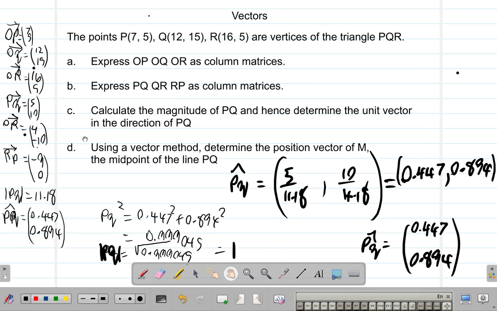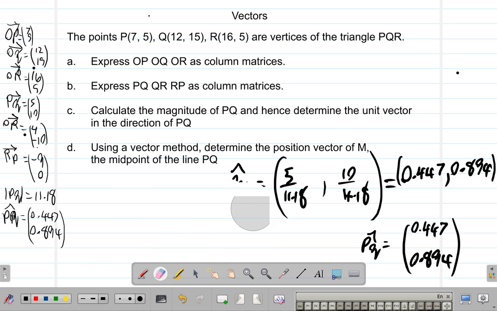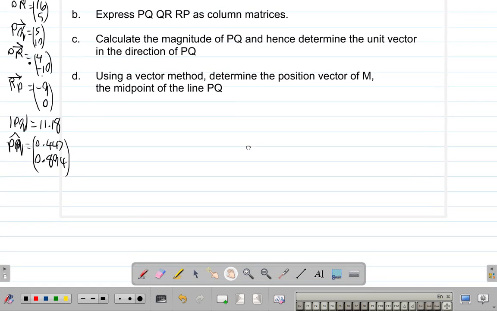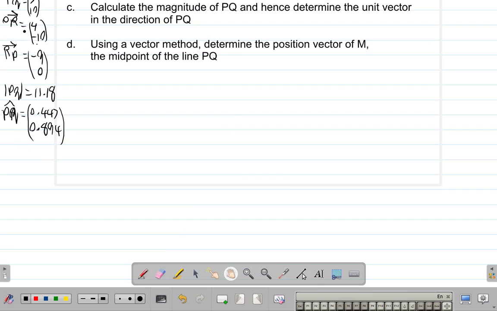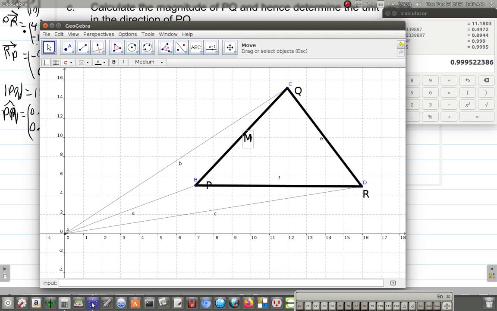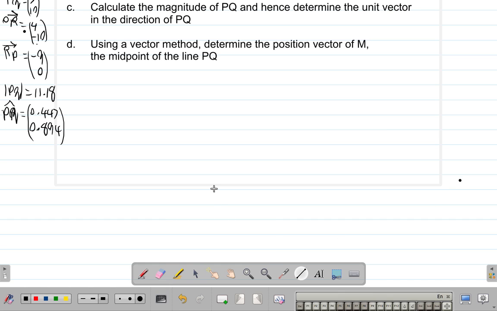What we're going to do is erase some of these things we have to make space and slide this up. Alright, so just as a reminder, PQ goes this way, and then our O is somewhere down here.